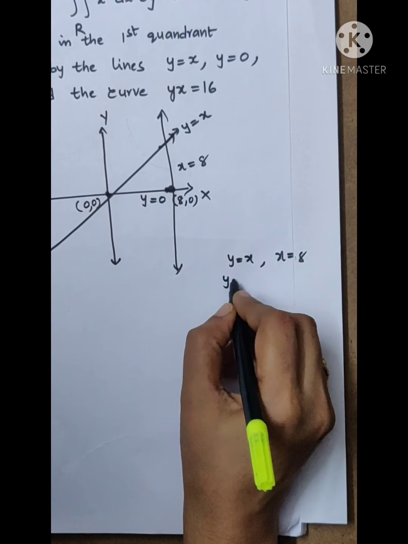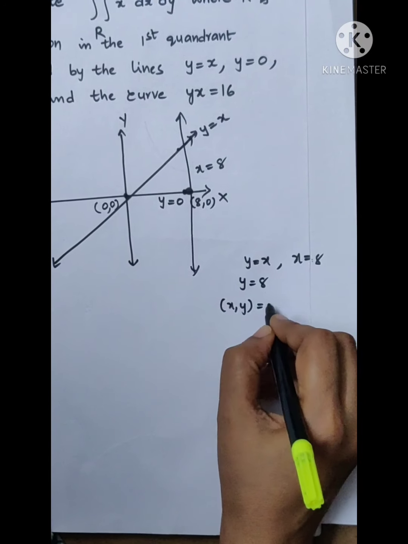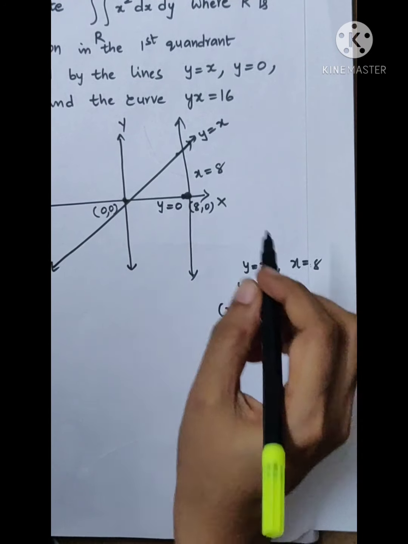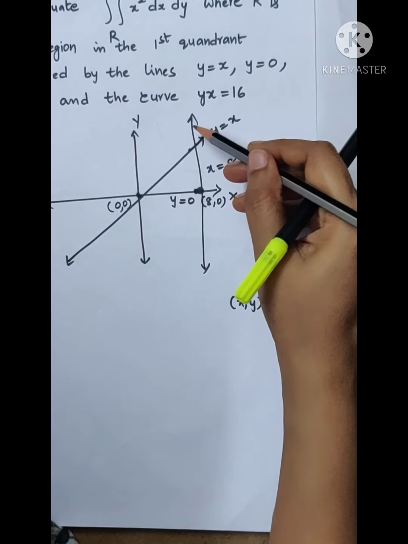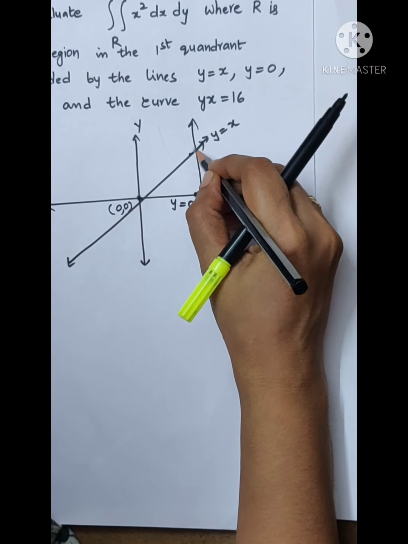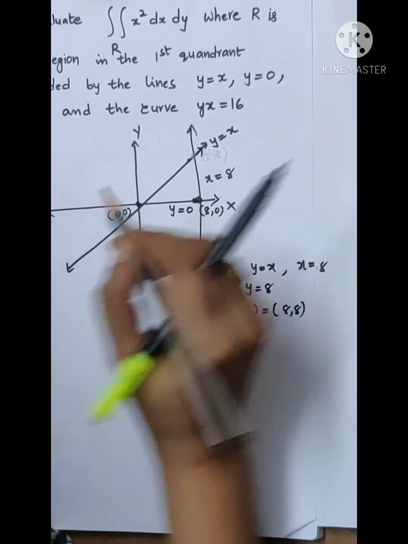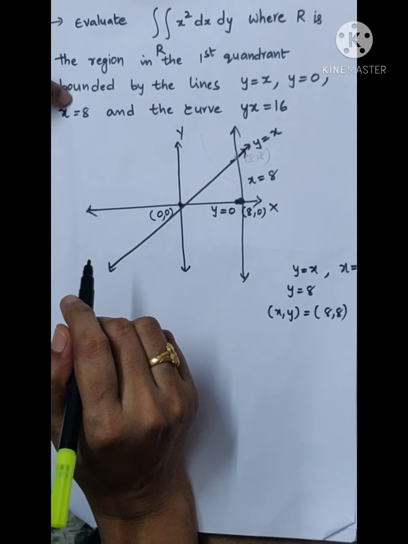Substitute x equal to 8 so that y becomes 8. So the point x comma y is 8 comma 8. Clearly the line x equal to 8 and y equal to x are intersecting at the point 8 comma 8.